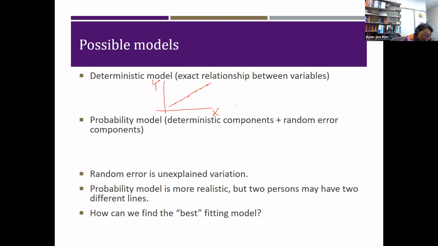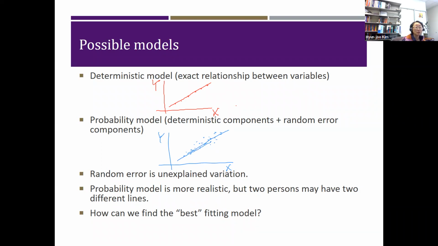On the other hand, the probability model is when you have an X variable and Y variable, you have a general tendency, but your data points are not necessarily exactly on the line, but around the line.